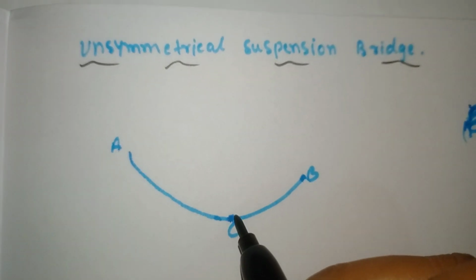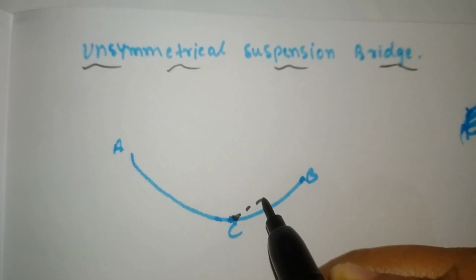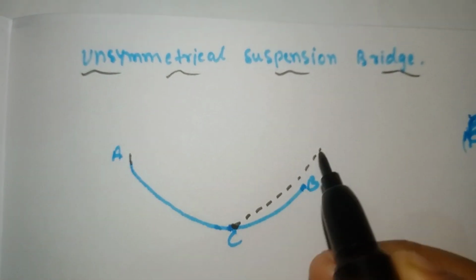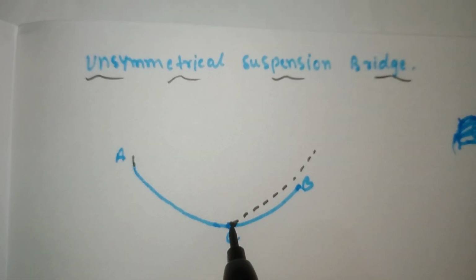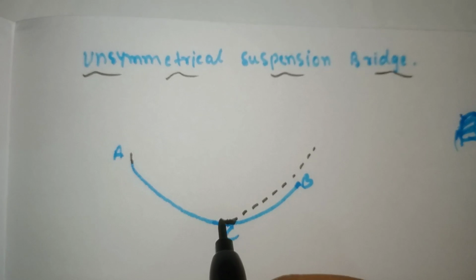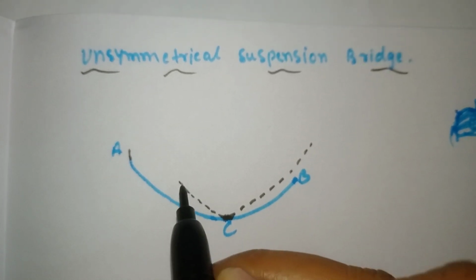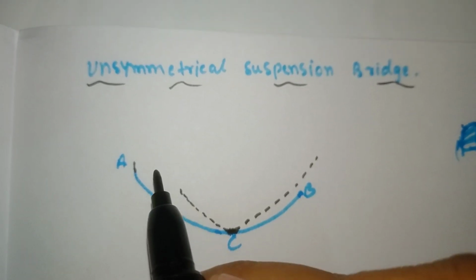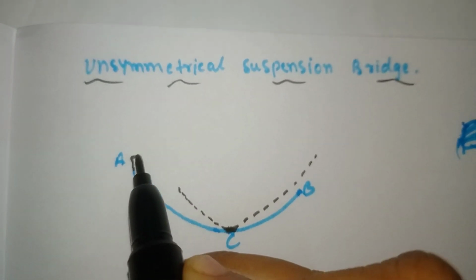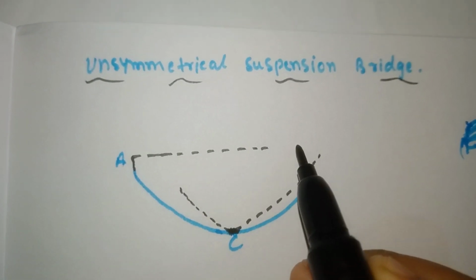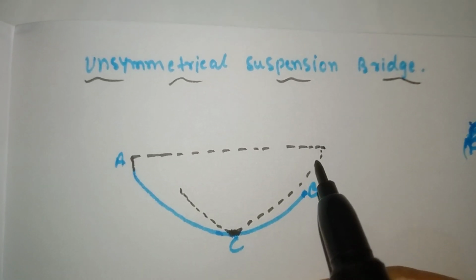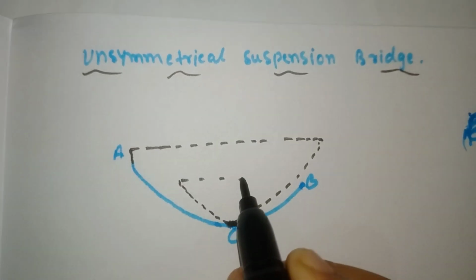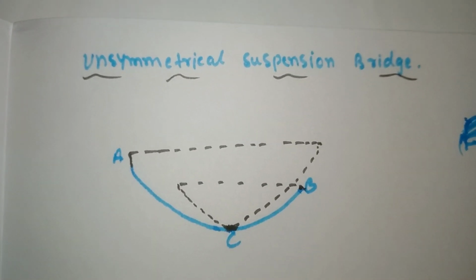If we extend this curve it will come in this direction, and if I extend this curve it will come in this direction. If I cut the section, its semicircle will be like this, and its semicircle will be like this.